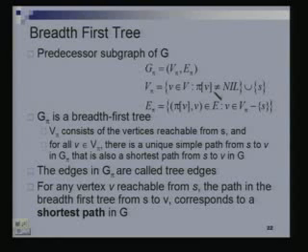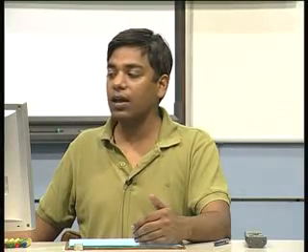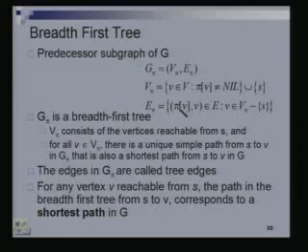Each of the vertices which have a predecessor is in the set of vertices V pi. Every vertex which was visited is given a predecessor, so it's basically the set of all vertices which are visited. And what are the edges in the subgraph? The edges are from the predecessor vertex to this particular vertex, for every vertex.